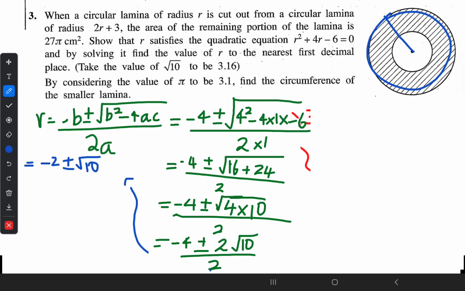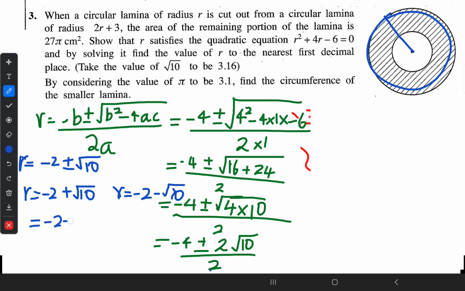There are two possible answers for r. The first one is negative 2 plus square root of 10. Another possible answer is r equals negative 2 minus square root of 10. The square root of 10 is given as 3.16.